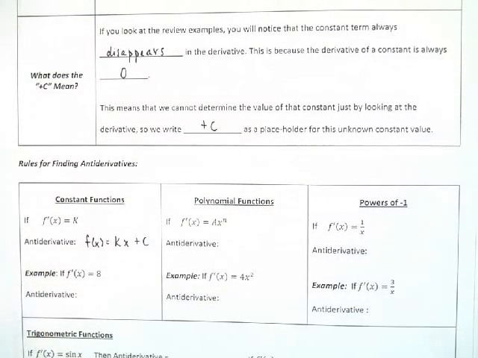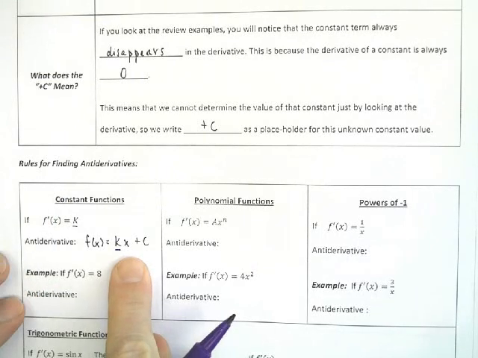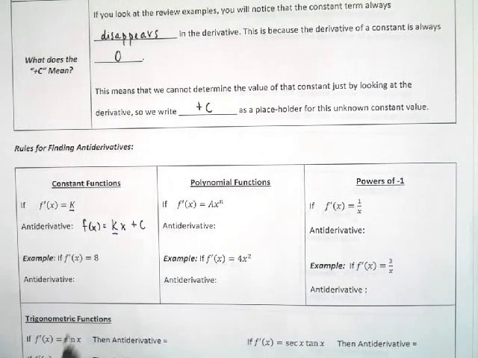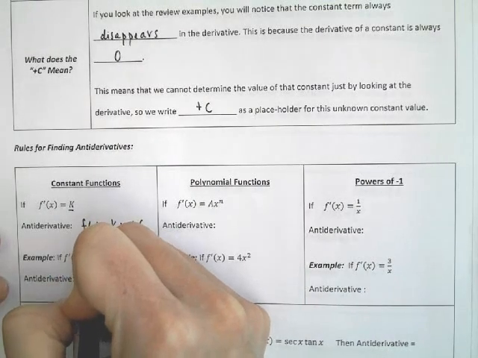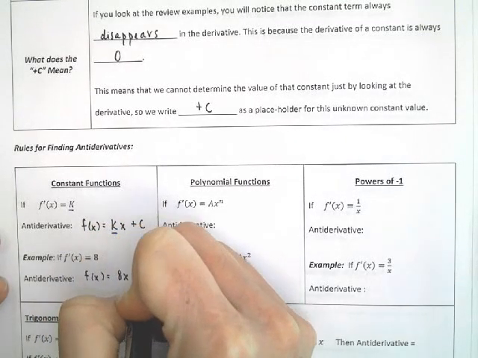There's that plus c that's just always going to be there. So I have my same constant, but I added the x term. Let's take a look at this. My example is if f prime of x equals 8, then my antiderivative f of x equals 8x plus c.